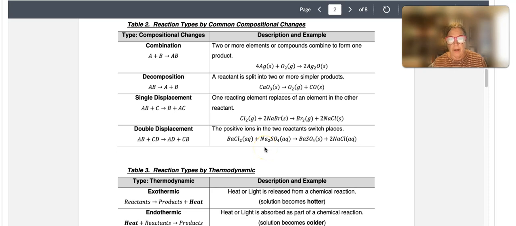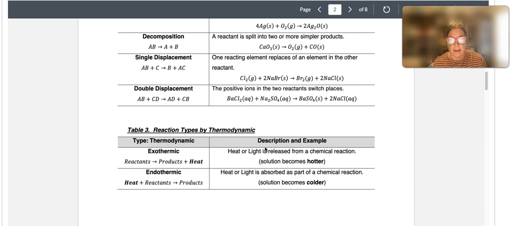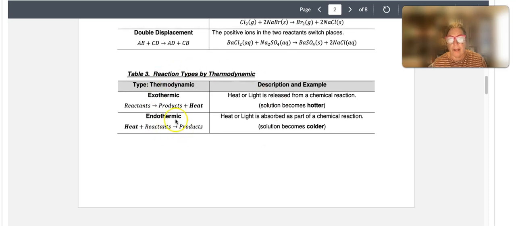So then they also want you to classify it as exothermic or endothermic. So does the reaction produce heat? In other words, if it's taking place in a beaker, does the temperature of the beaker go up as the reaction occurs? Or does it go down? If it goes up, it's an exothermic. If it goes down, that's an endothermic.